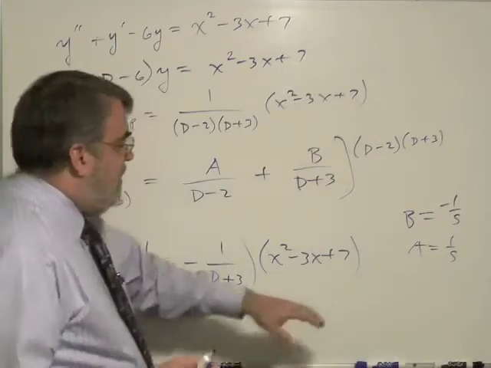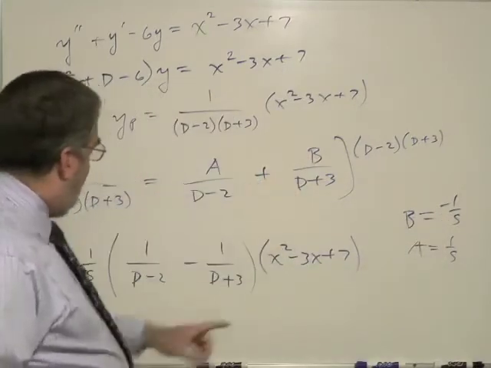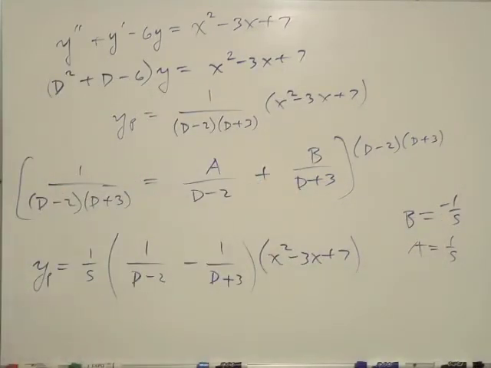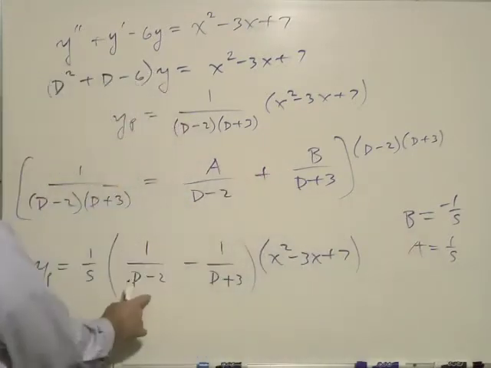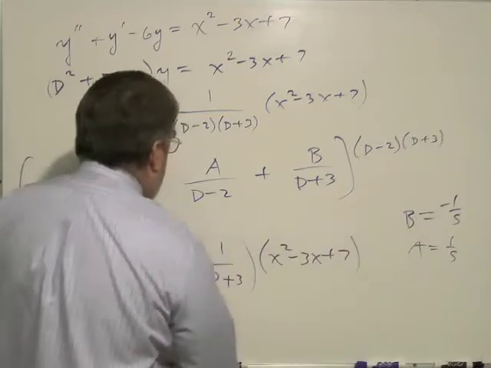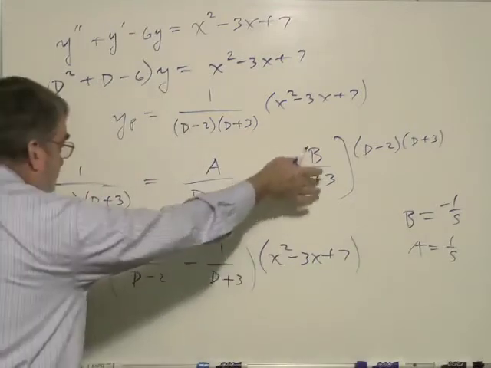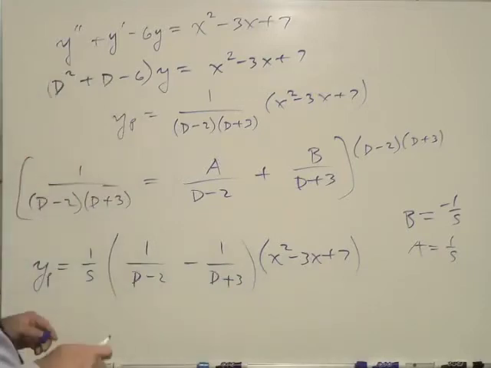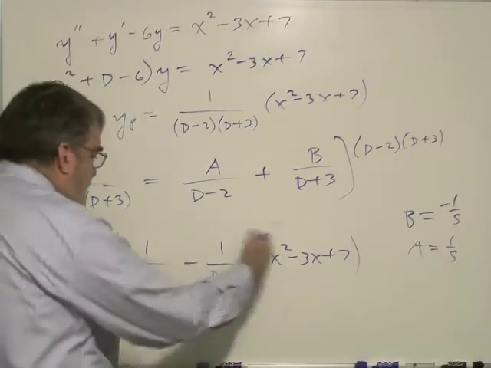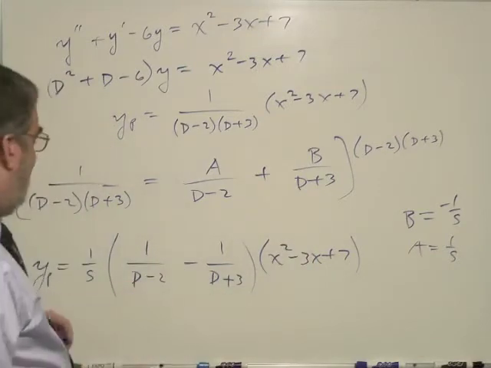I took the 1/5 out of these two constants, put it at the front here, and it left 1, because A was 1/5, 1 over D minus 2, and then the negative sign appears here, minus 1 over D plus 3, operating on x squared minus 3x plus 7. Well, we can distribute this in a sense through here.